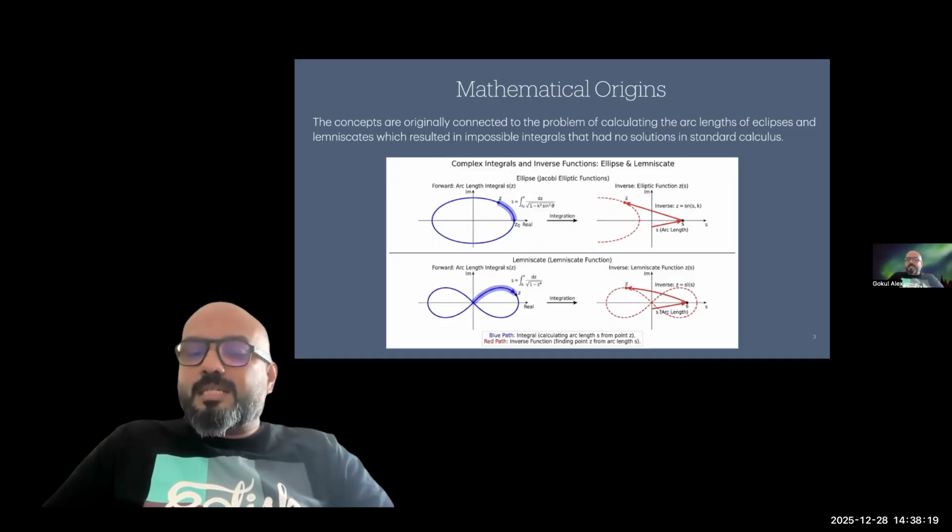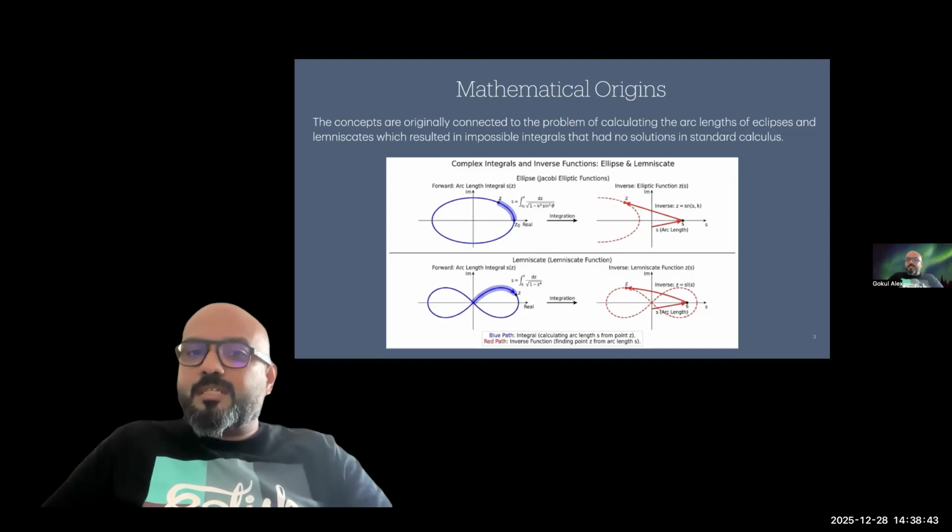And these complex integrals challenged the brilliant mathematicians of those times. And then later on, it was Carl Gustav Jacobi and Abel. They came up with an ingenious solution.